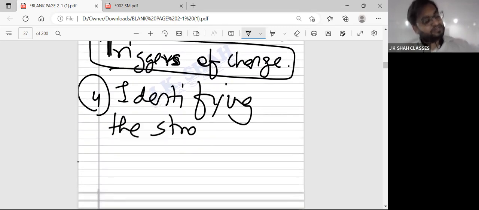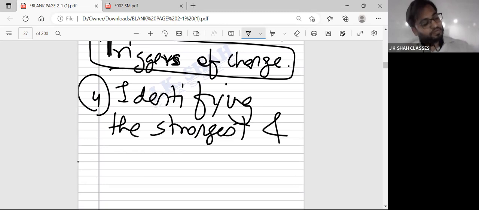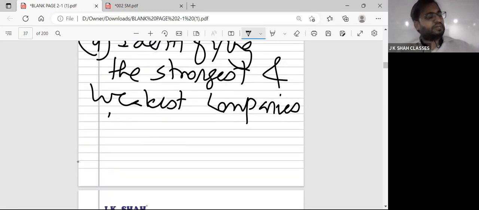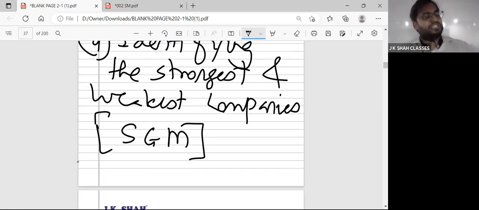Identifying the strongest and weakest company. We call this SGM, strategic group mapping.